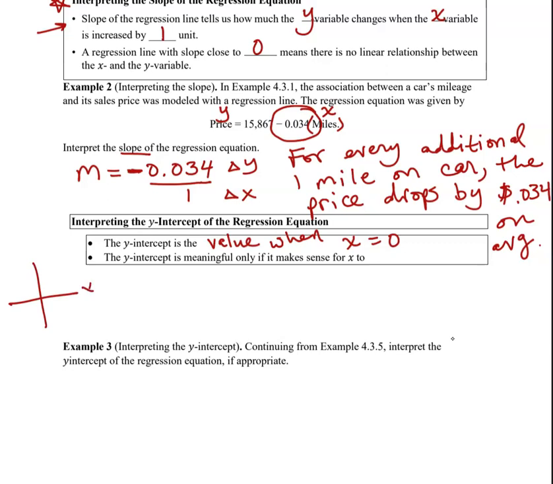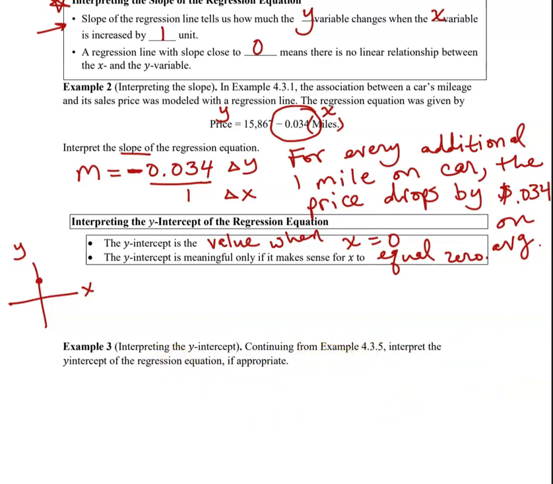If we have a graph, x and y, remember the y-intercept is where we cross the y-axis and the corresponding x value is 0. So the y-intercept is always the value when x equals 0. The y-intercept is only meaningful if it makes sense for x to equal 0. In other words, in the context of the question, does it make sense for x to be 0? It totally depends on the question and what the variables are.